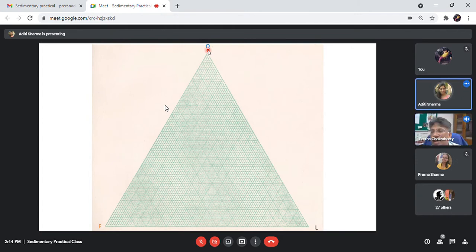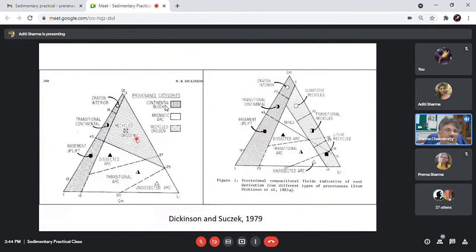Just come in 1 minute. Yes, sure. Students, what she is now describing, you go to the back slide. Yes. Now this is the quartz feldspar lithic fragment. There you can see in this diagram there are 3 vertices, that is quartz, feldspar, and lithic fragment. Now the question is, there are certain fields that Dickinson has marked, that is craton interior, transitional continental, basement uplift.